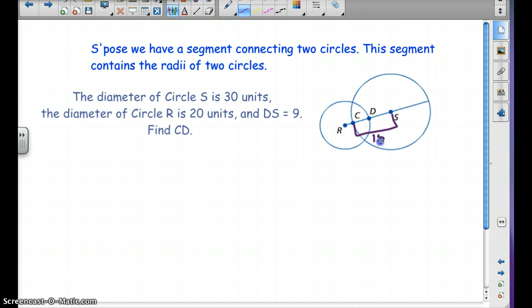Yes, it's going to be 15. And if the diameter of circle R is 20, what's the radius? It's going to be 10. And DS, this piece right here, is 9. We want to find out what CD is going to be. Go ahead and see if you can figure that out.